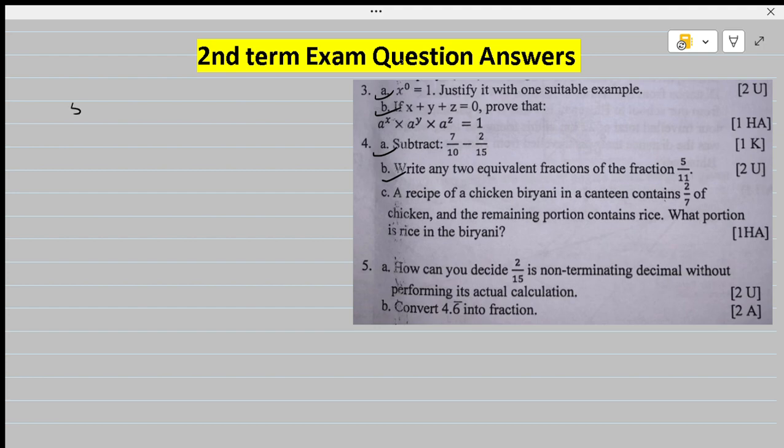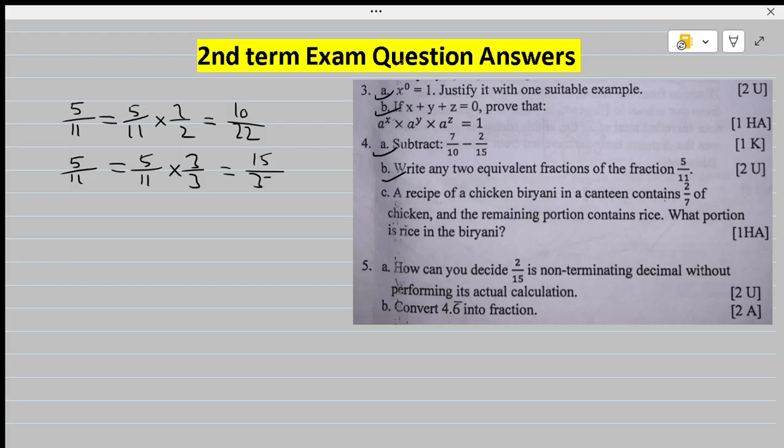So 5 by 11 we have. Let's multiply by 2. 5 times 2 is 10, 11 times 2 is 22. So one equivalent fraction of 5 by 11 is 10 by 22. And I multiply this by 3. So 5 times 3 is 15, 11 times 3 is 33.